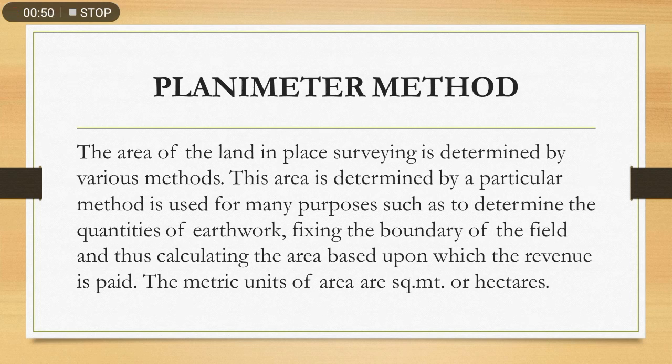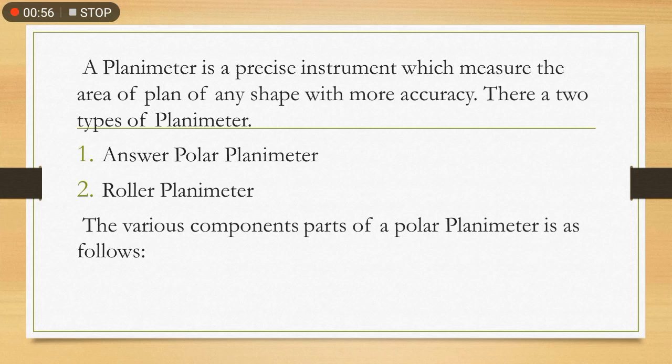The metric units of area are square meters or hectares. A planimeter is a precise instrument which measures the area of land of any shape with high accuracy. There are two types of planimeter: the polar planimeter and the roller planimeter.